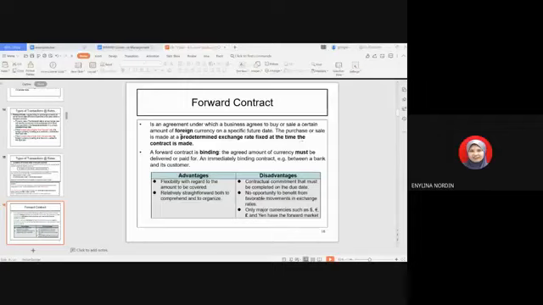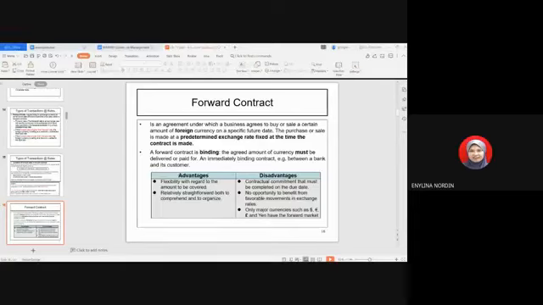So in the forward contract, it specifies the predetermined exchange rate and the specified period, for a specific future date.